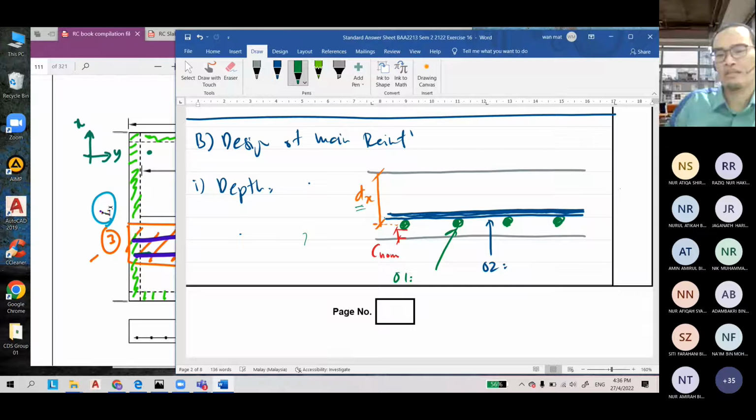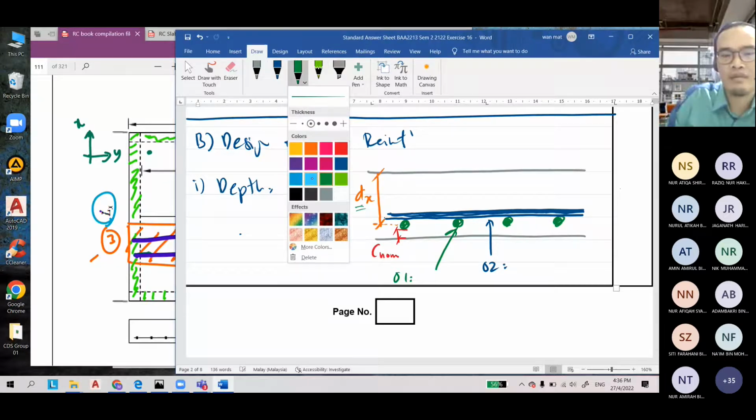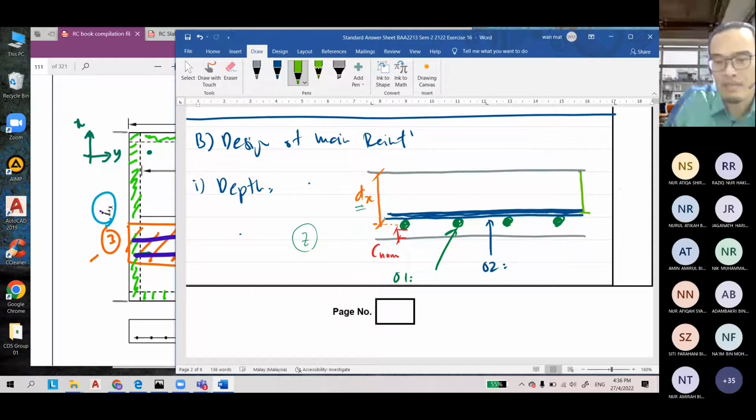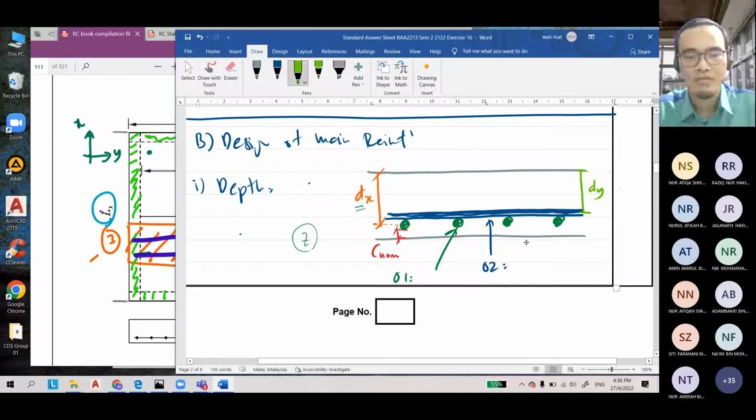Extra d means extra z, as you can see in the equation later. Up to the center here is the Dy. I hope you understand what I'm trying to show you.